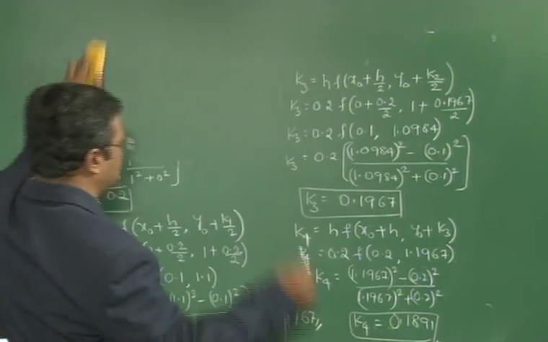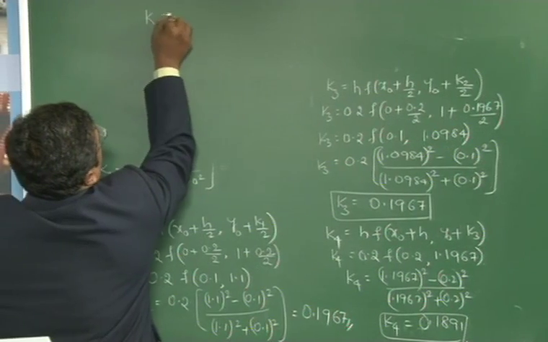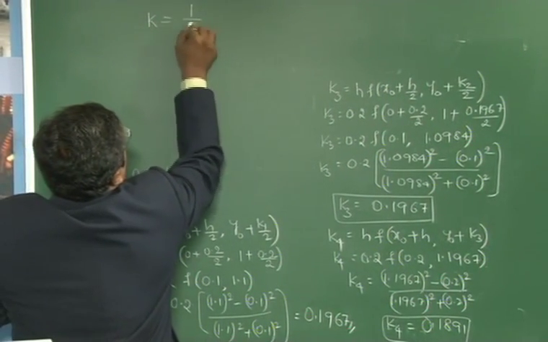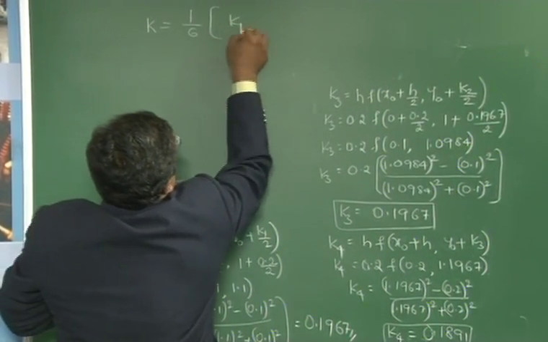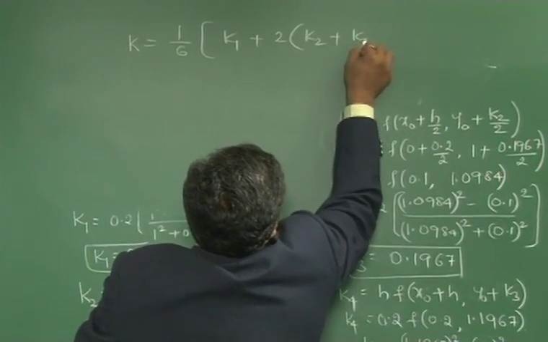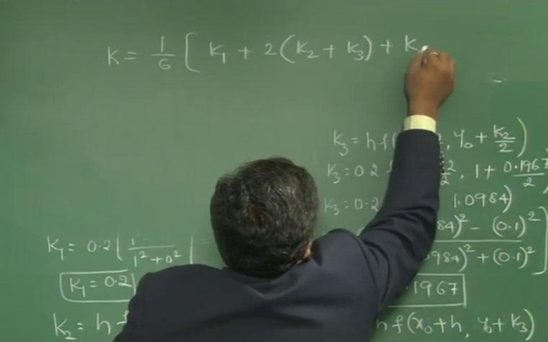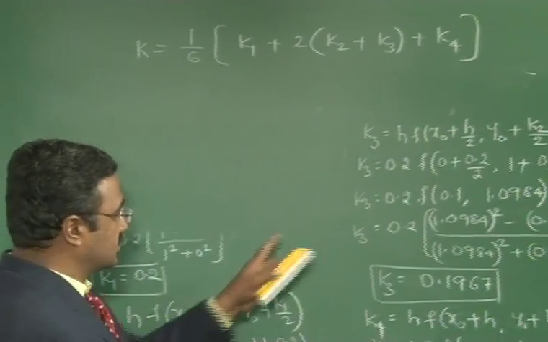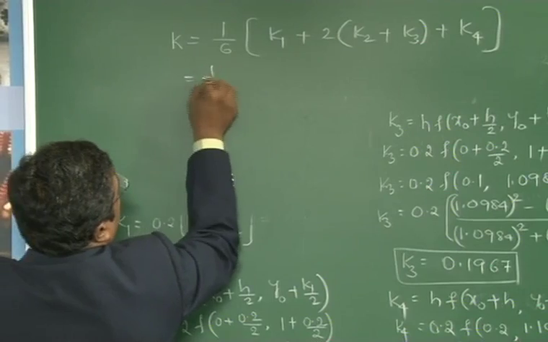Now substitute the values of k. Now k is again 1 by 6 times of k1 plus 2 times of k2 plus k3, then k4. Now substitute corresponding values of k1, k2, k3.